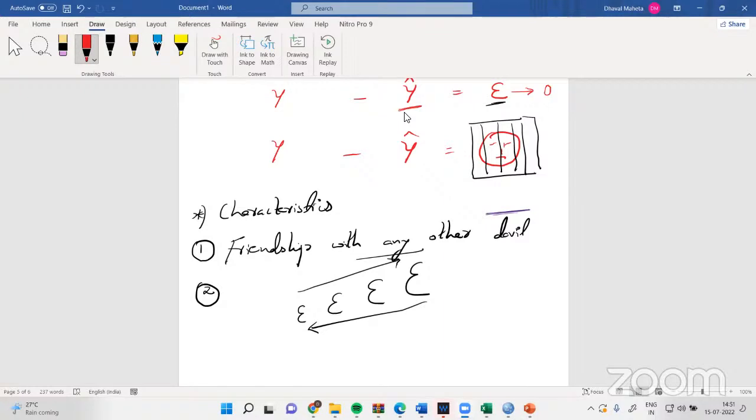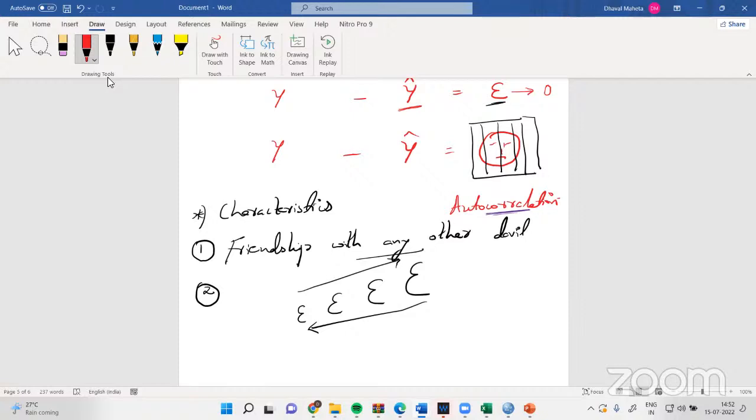No. Errors are independent. No. Autocorrelation.